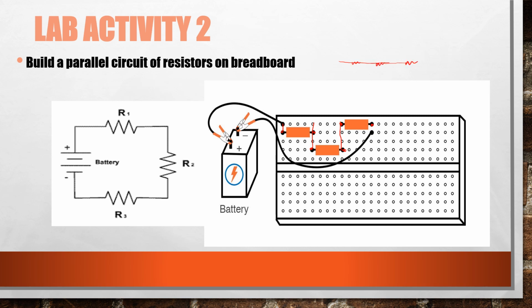Now as you can see, the positive terminal of the battery is connected to the first terminal of resistor 1, and the negative terminal of the battery is connected to the second terminal of resistor 3.